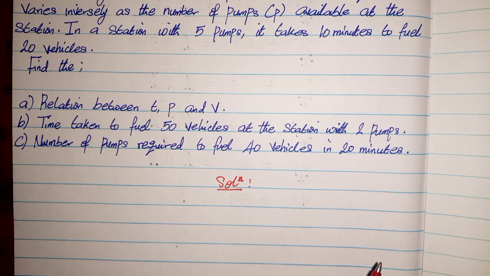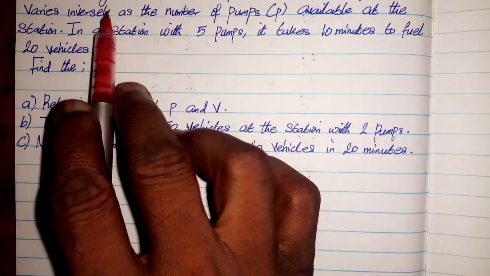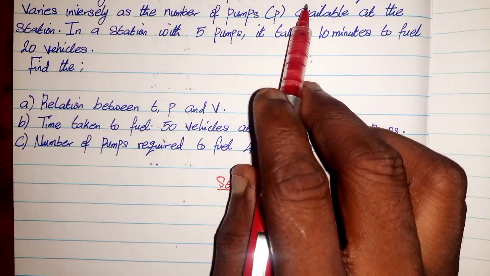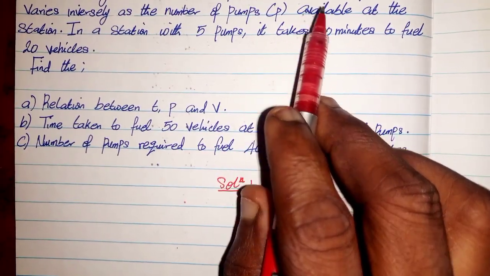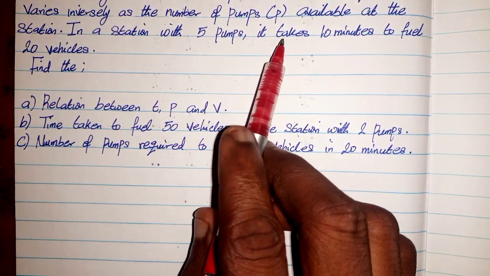We're having direct proportion and inverse proportion. You can see it says that T varies directly as V, and inversely as P.